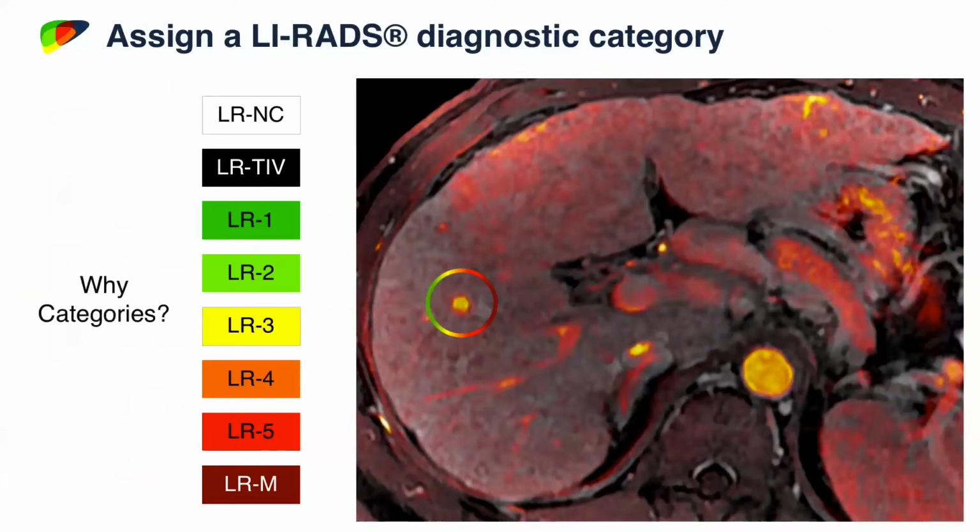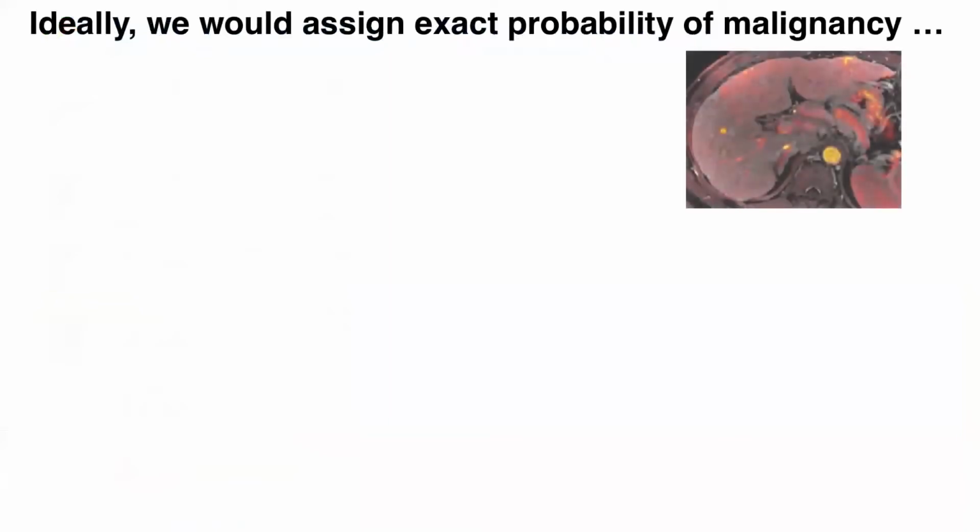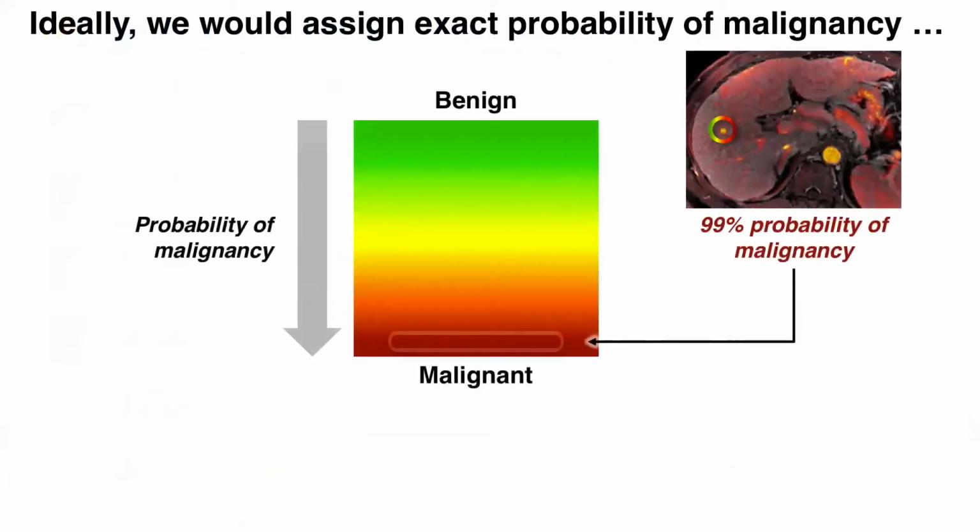Now, one question you might ask is, why do we assign categories? Because in an ideal world, we would not assign categories, we would assign an exact probability of malignancy. So if we had this observation over here, we would be able to put this observation onto this continuous spectrum of a probability map and say that this lesion has a 99% probability of being malignant.